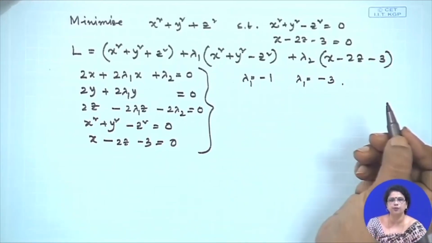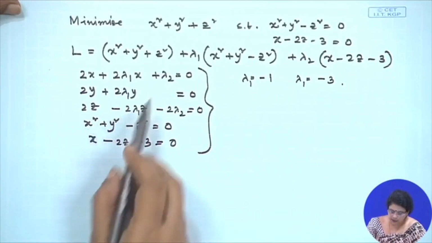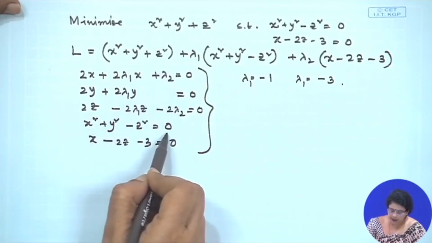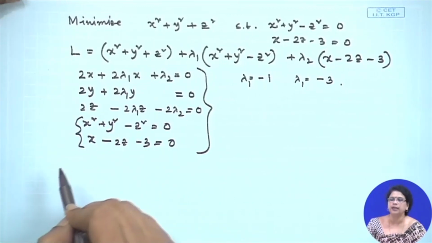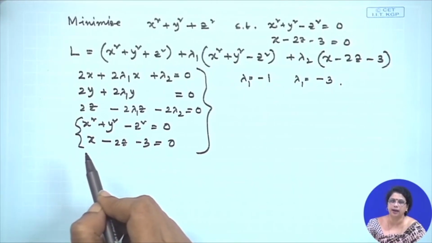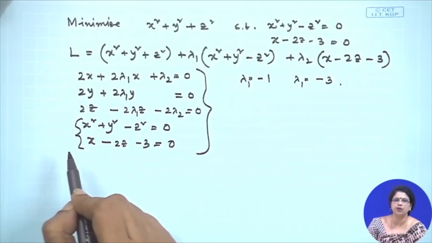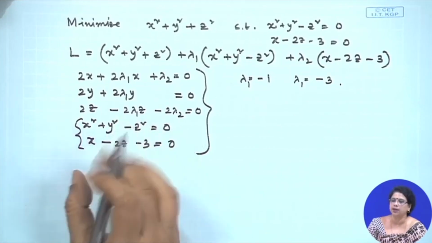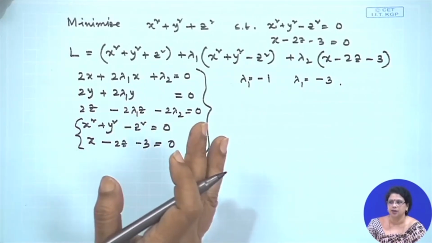Actually, once you substitute the value here, you will have the equations, this is of order 2. That is why you will get different values of lambda 1 and lambda 2. And if you get the different values of lambda 1, lambda 2, few will be possible cases and few will be impossible cases.